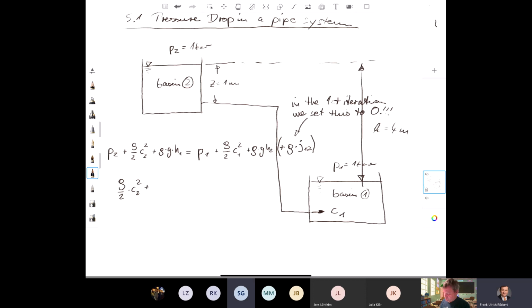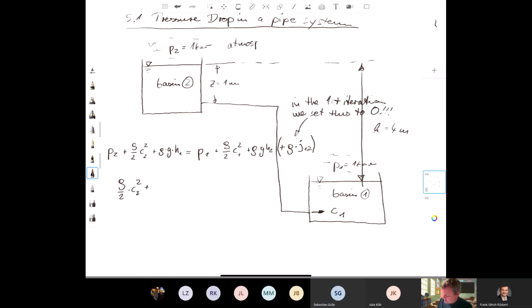I have a question to that. Why is P2 equal P1? Yeah, P2 and P1 is just the pressure of the air outside. This is the pressure here over the basin. Yeah, the pressure here and the pressure here. Yeah, and it's the atmospheric pressure.